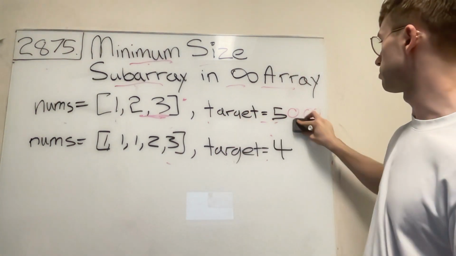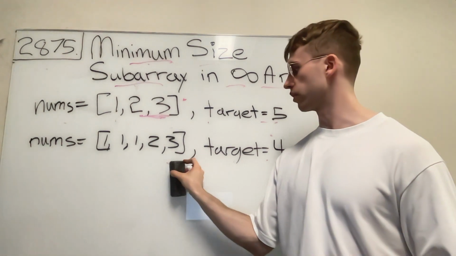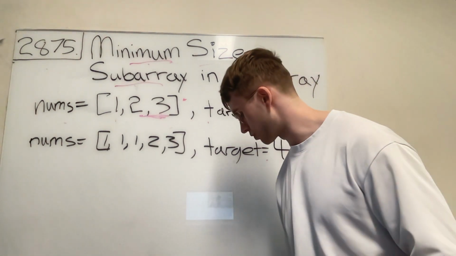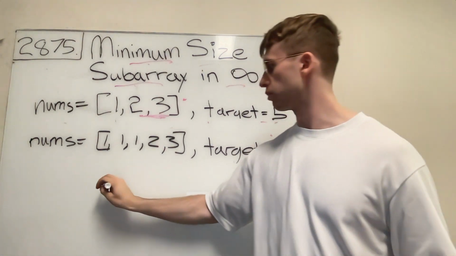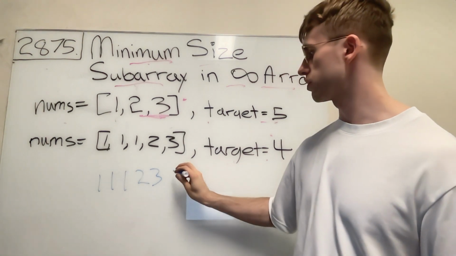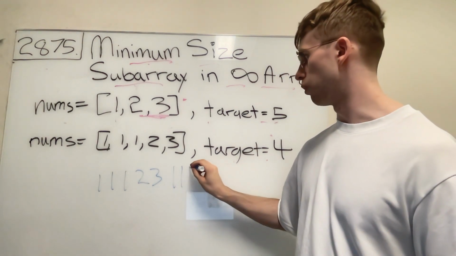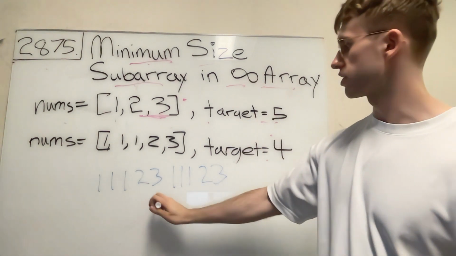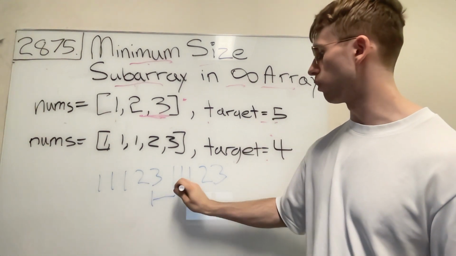And so the first thing that we're going to see here is this example. How you're supposed to solve this one is actually just repeat it once. So it goes 1, 1, 2, 3, and then we're going to see again 1, 1, 1, 2, 3. And so the minimum subarray in this case is actually 3, 1.